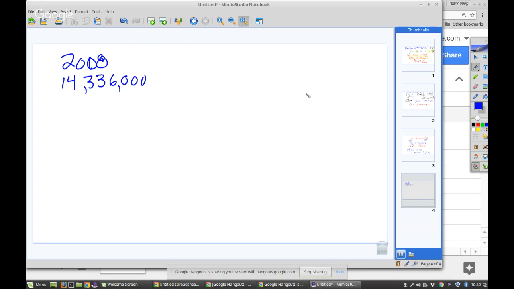In 2008, I start at 14 million, 336,000. And then I want to increase by 22.5%.